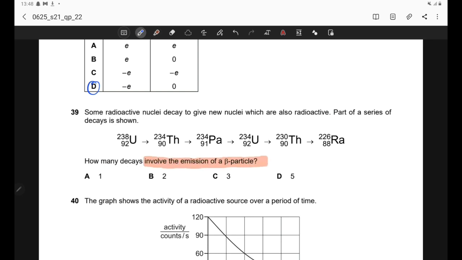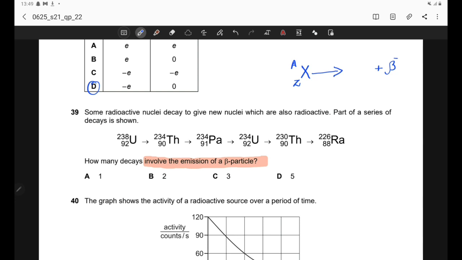In order to answer this question, we can check what a beta decay is. Suppose we have a parent nucleus, let it be X, with proton number C and nucleon number, the total number of protons and neutrons, A. When it decays by beta emission, it will produce a beta particle.